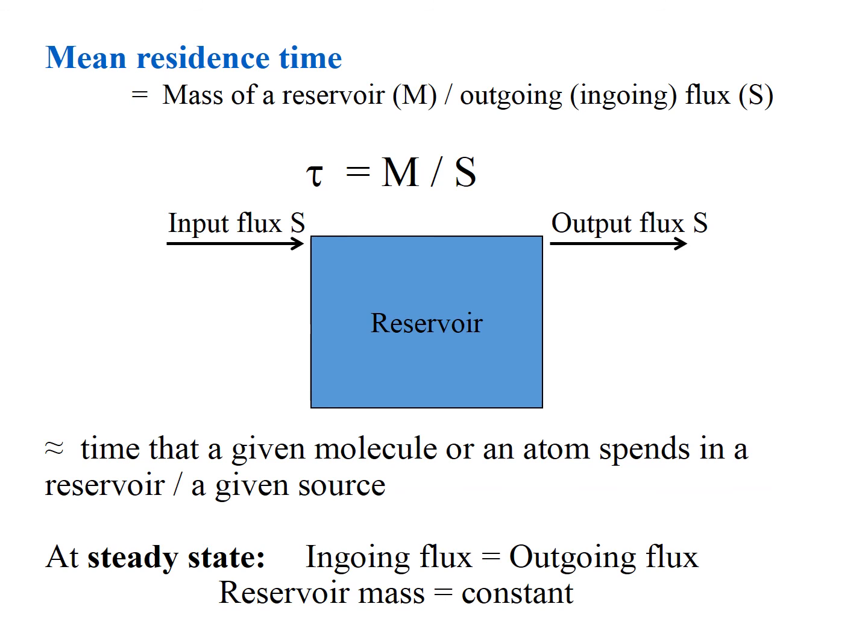There's this concept of residence time. The residence time of a thing that's dissolved in the ocean is a description of the average amount of time any one atom of that substance is actually in the ocean before it's removed.